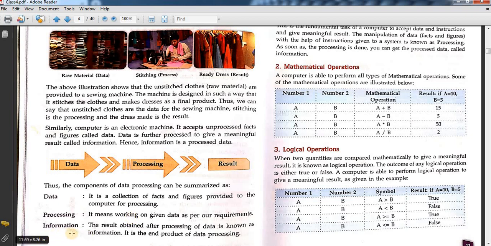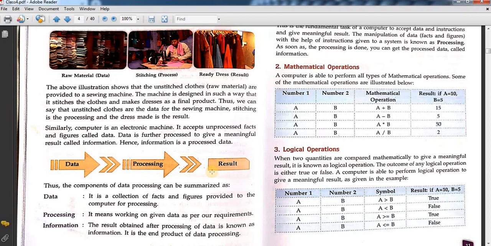Now information. The result obtained after processing of data is known as information. It is the end product of processing. Suppose I want to add numbers 2 and 3. Numbers 2 and 3 will be the input to the computer. Then the computer will process it and give you the result: 2 plus 3 is equal to 5.